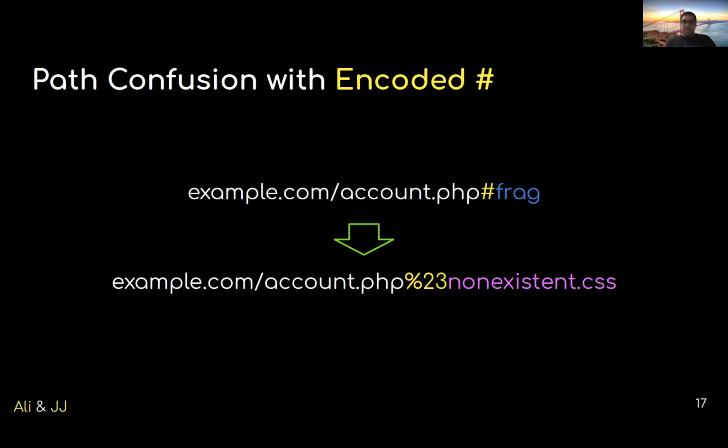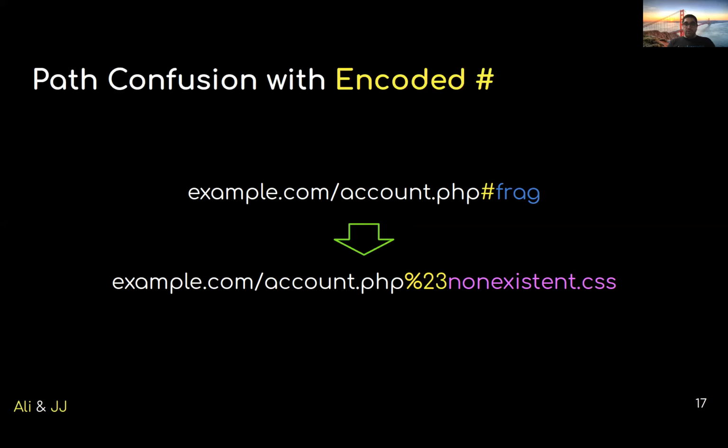And last but not least is the fragment. So basically, the web servers often process the pound character as an HTML fragment identifier, and they stop parsing the URL when they reach this character. But the proxies and the caching servers don't necessarily decode the URL. They don't understand that this is the pound, and they continue parsing the URL.